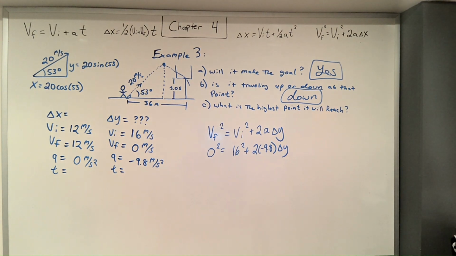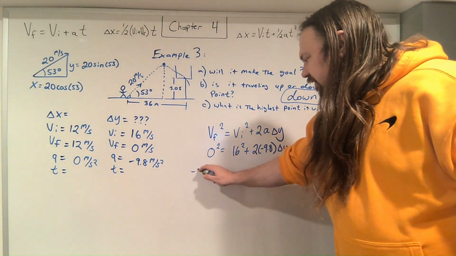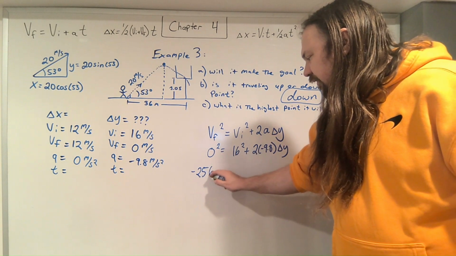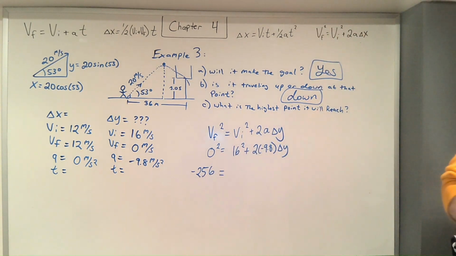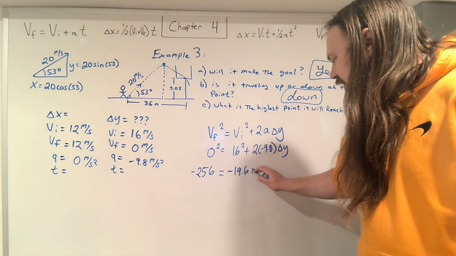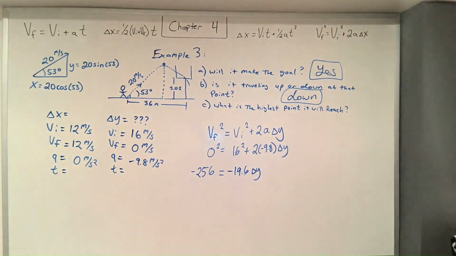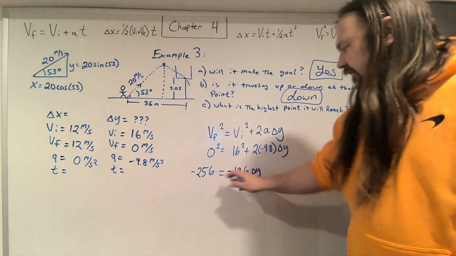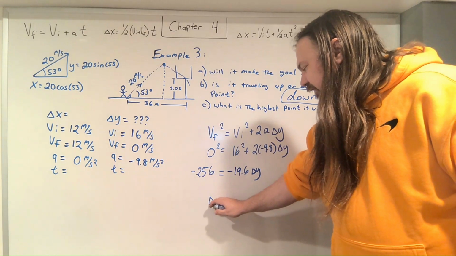Okay, so 16 squared, what does that give us? It's going to give us a negative 256 over here when I minus it to the other side. We have 2 times 9.8, that gives us a negative 19.6 change in y. And now I just need to divide both sides by the negative 19.6.